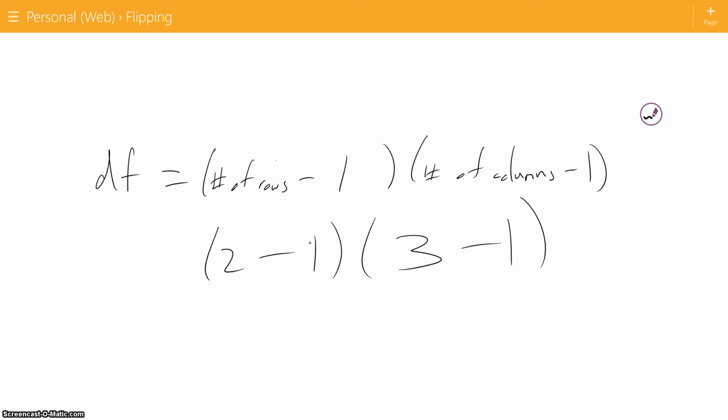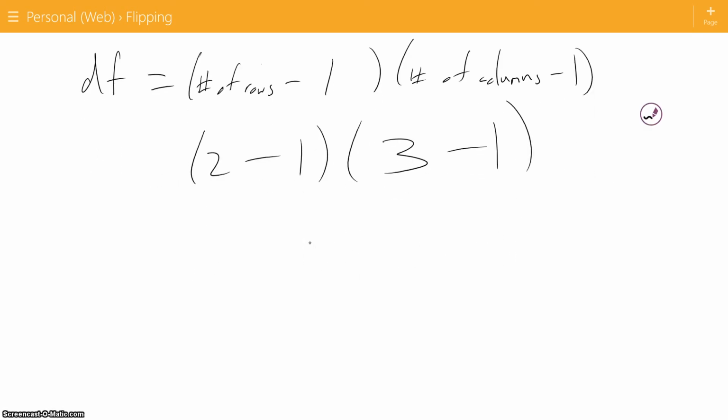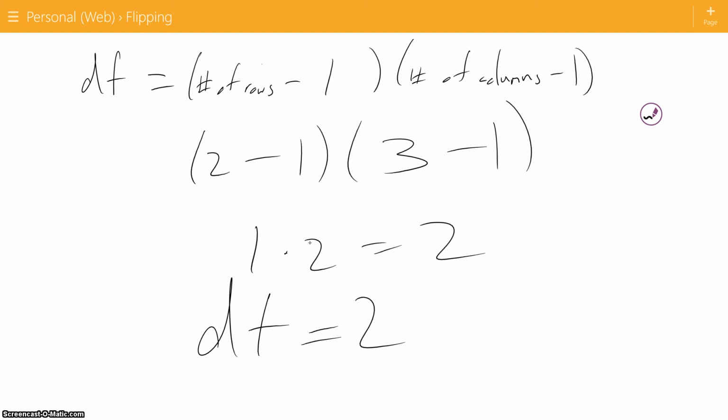I would never vote for a mythological beast, but hey, it's a free country. We can vote for whoever we so wish. We calculate this out. 2 minus 1 is 1. 3 minus 1 is 2. 1 times 2 is 2. So we have 2 degrees of freedom.